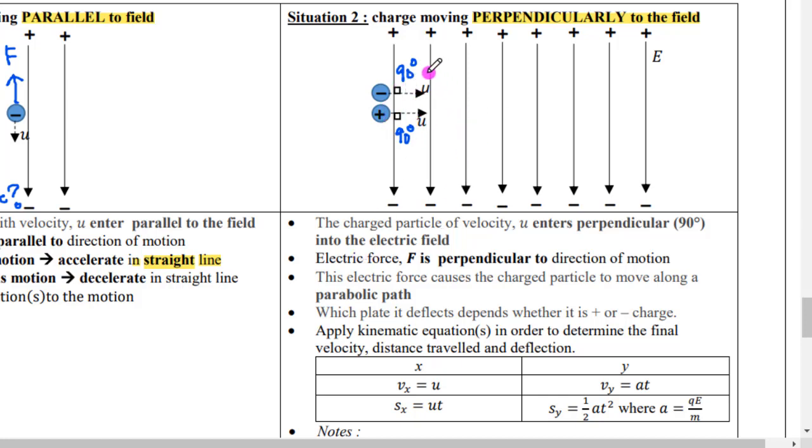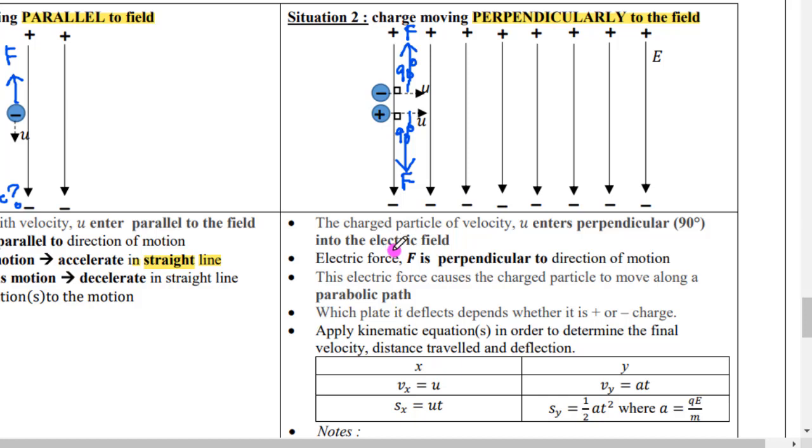So as long as the charge is in the electric field, it experiences electric force. We will find that for a positive charge, it will experience electric force downward, tarik ke plate negative. For a negative charge, it experiences upward electric force.